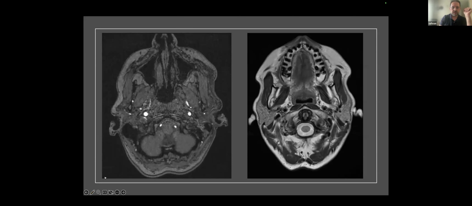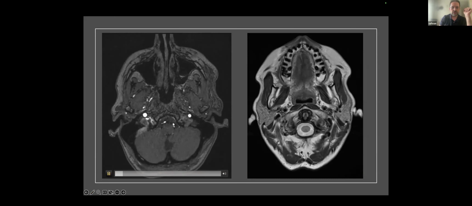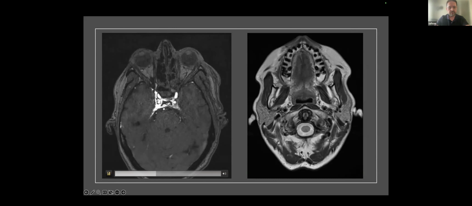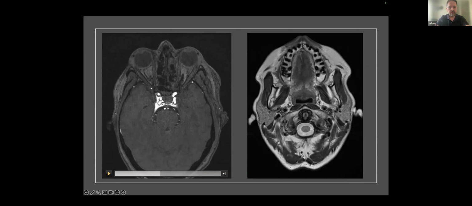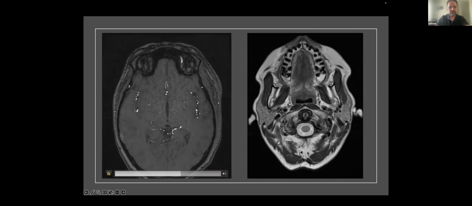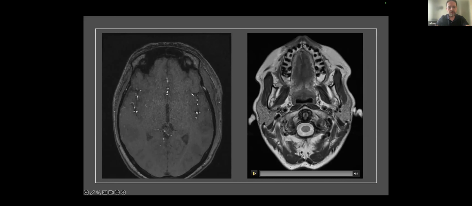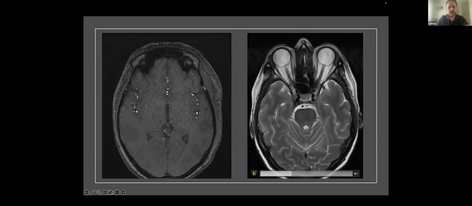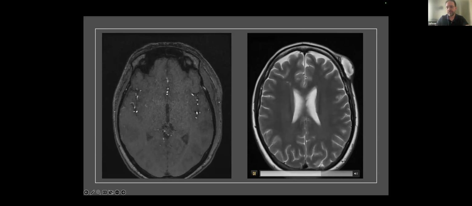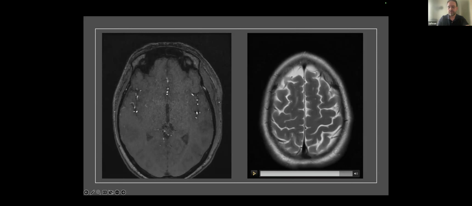Here you see the TOF angiography of the MRI, with extensive venous flow, mostly on the right side, and cortical reflux into the cortical veins. In the T2 sequence, there is no real exophthalmos to see. The ophthalmic vein was not that enlarged. The other findings were not remarkable.